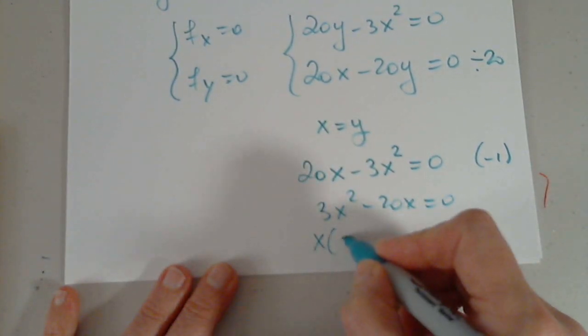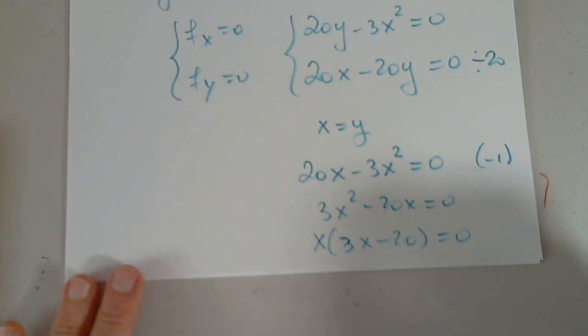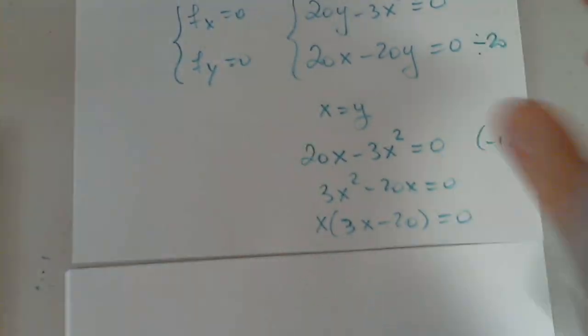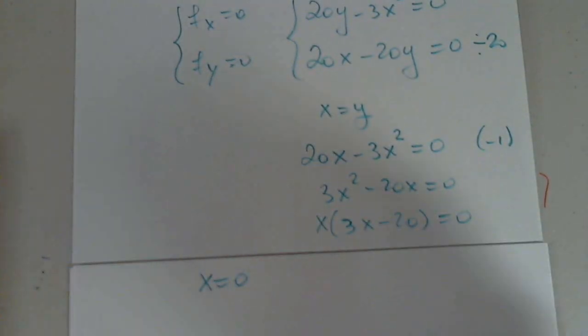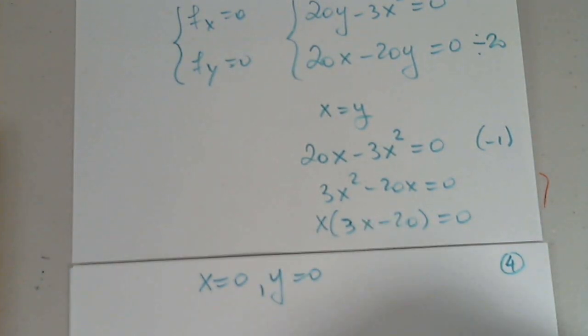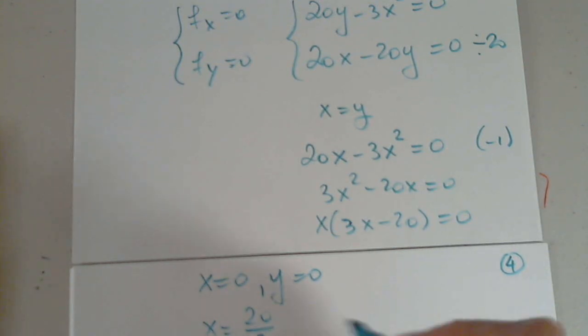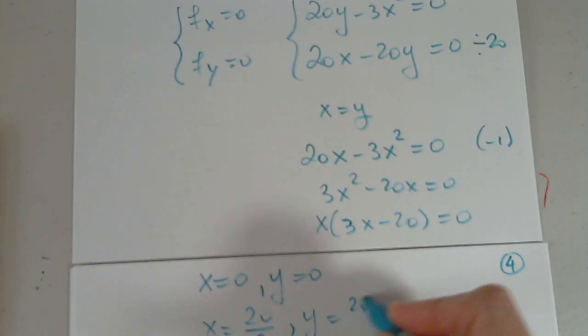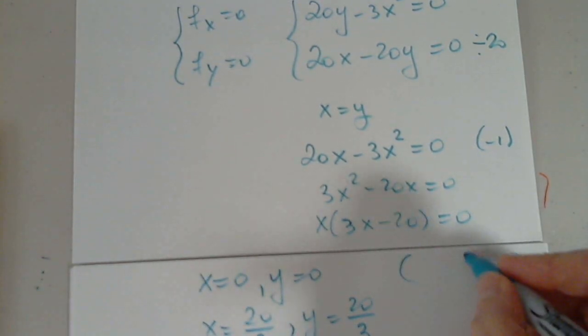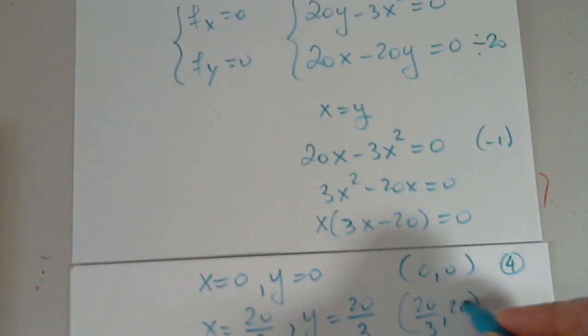And I factor out x, and I get x times (3x minus 20) equals 0. So there are basically two possibilities here. One possibility is x equals 0 and y equals 0. And the other possibility appears to be x equals 20 divided by 3 and y equals 20 divided by 3. So there are two ordered pairs, (0, 0) and (20/3, 20/3).